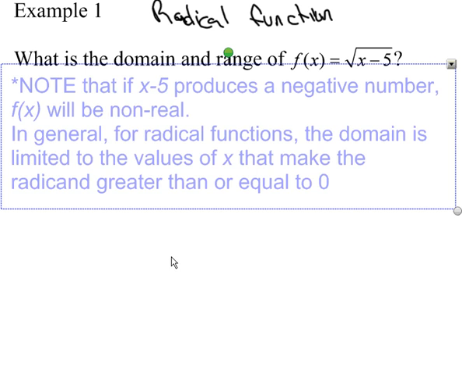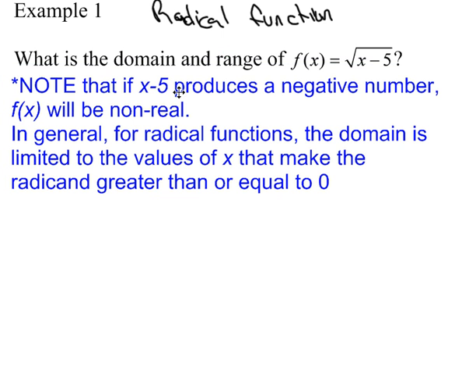In this radical function, it's important that you know the following. If x minus 5 produces a negative number, f of x will be non-real. In other words, if we have a negative under the radical, f of x is non-real.